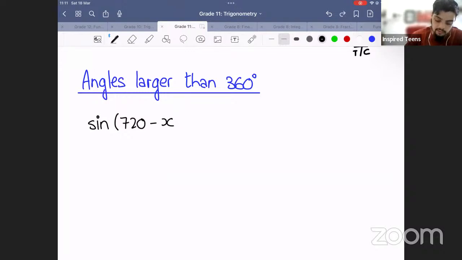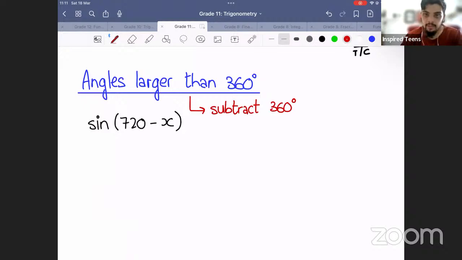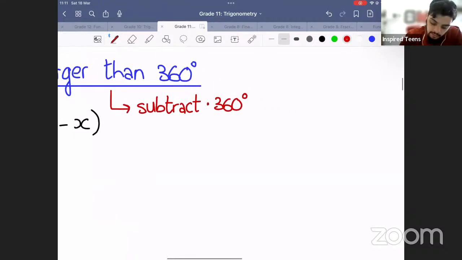This is none of our reduction angles, but it's simple, because whenever you have angles larger than 360, all you do is subtract 360, in multiples.